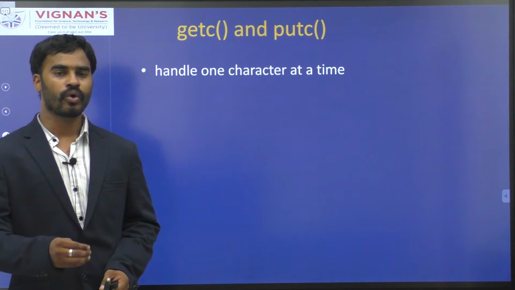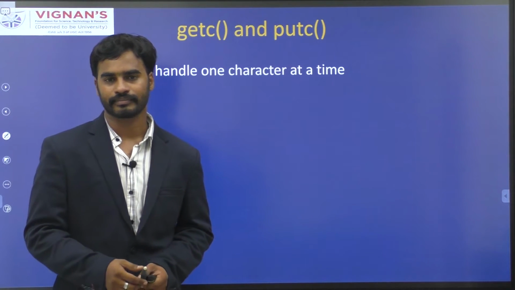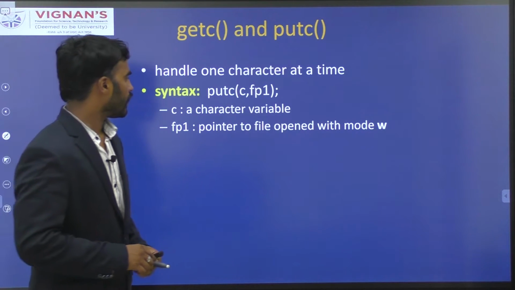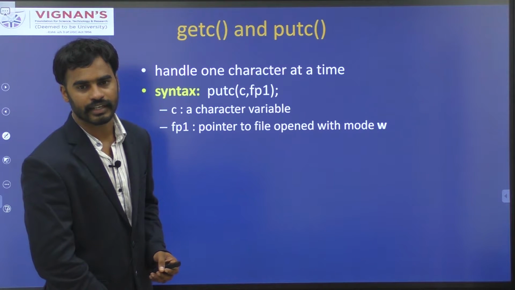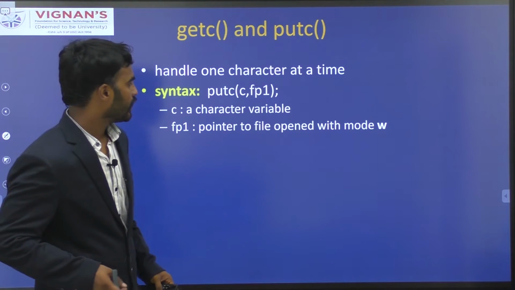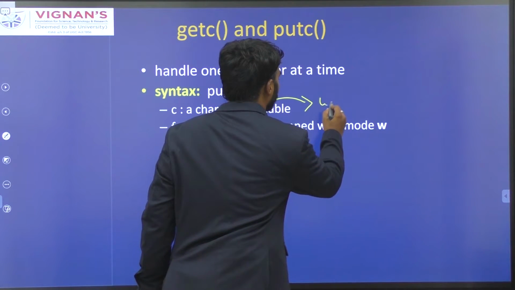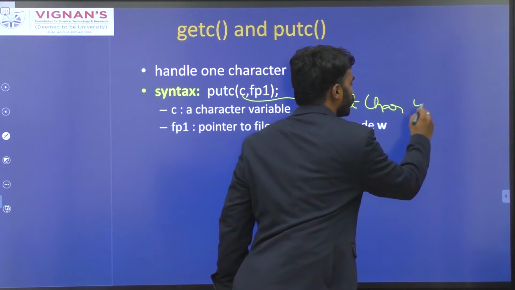That means you can only read one character at a time. You can write only one character at a time. Okay, we'll see the syntax. The syntax of putC. The putC function will take two parameters. The first parameter is what character you would like to write.